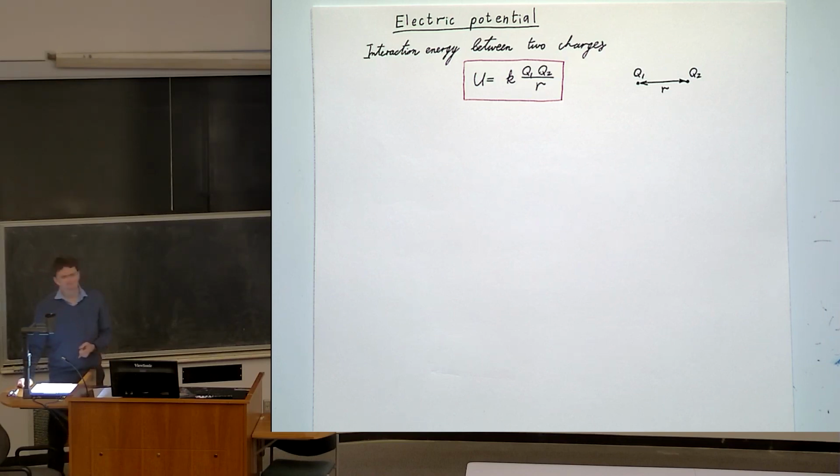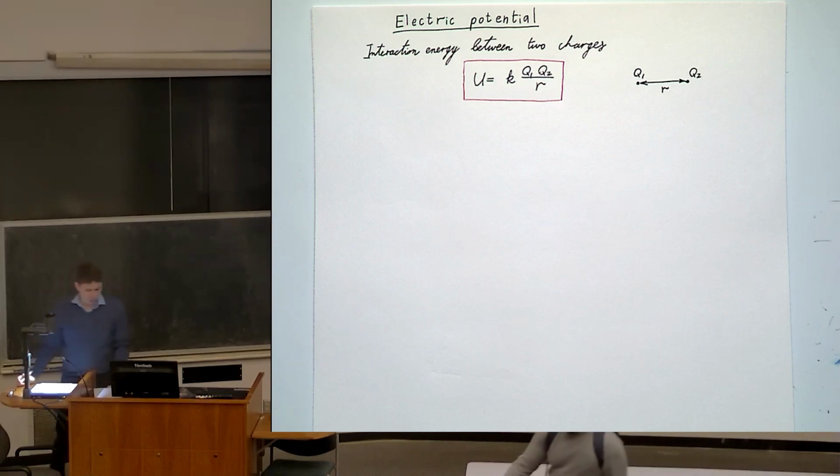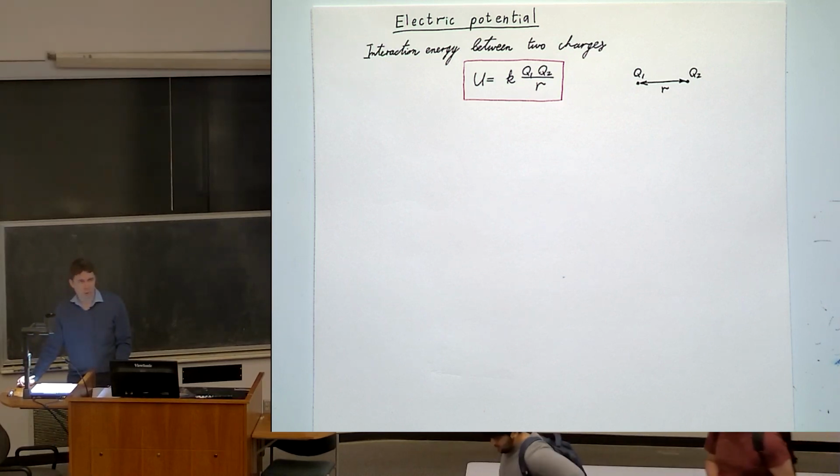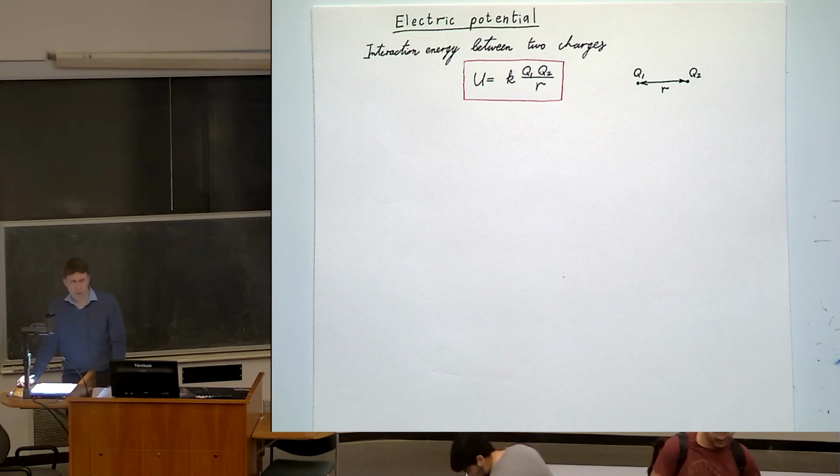That formula may look a little bit familiar, maybe even from the previous class, Physics 5a. It resembles the energy of two gravitating bodies, doesn't it?